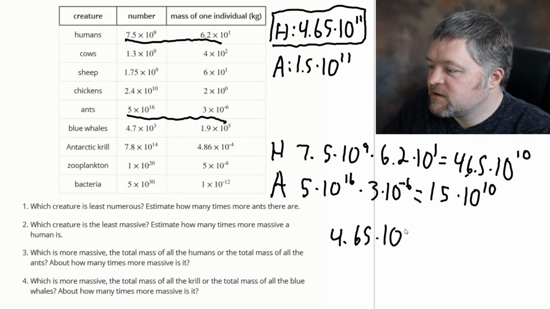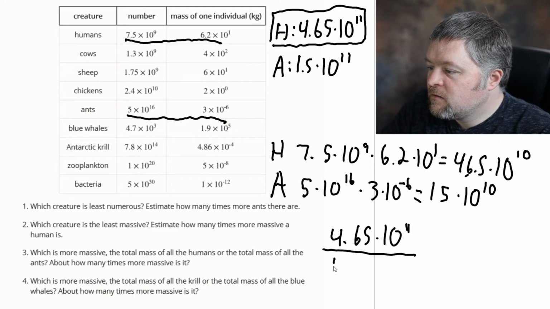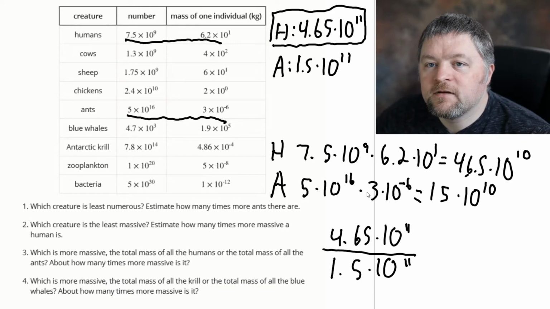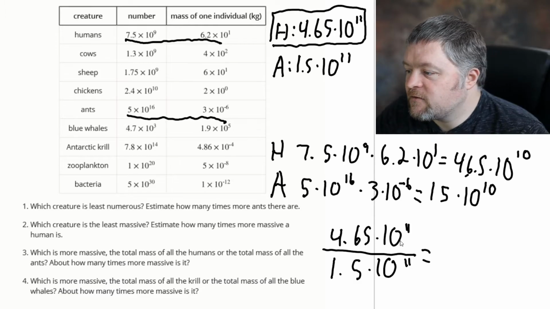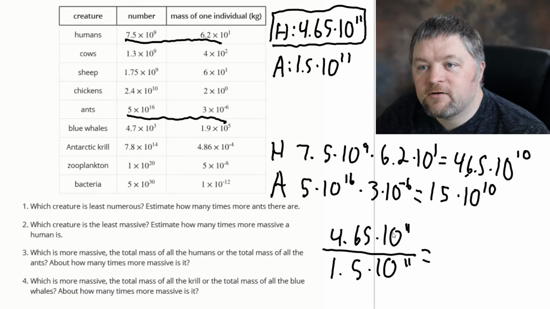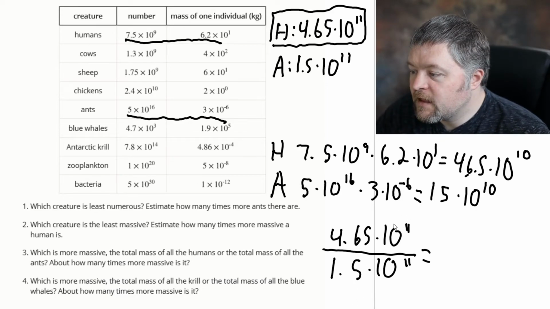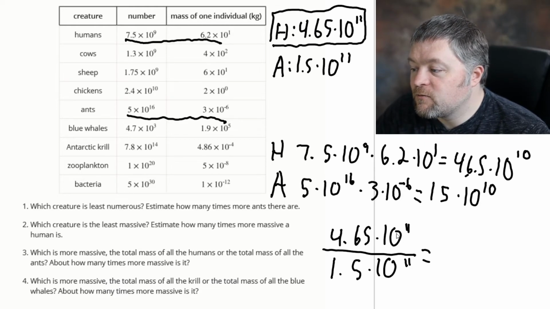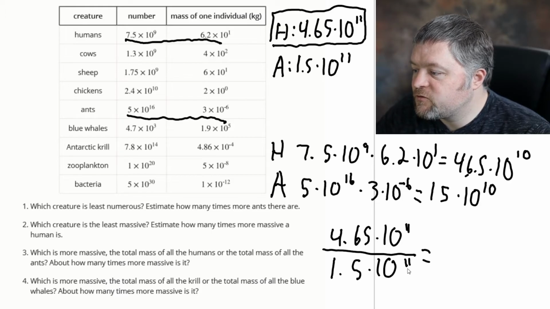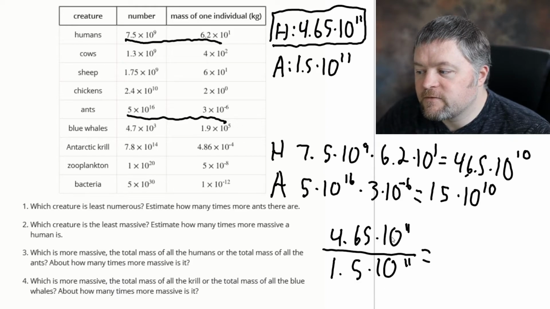4.65 times 10 to the power of 11 divided by 1.5 times 10 to the power of 11. Now, the first thing I notice here is we have something that cancels out. 10 to the power of 11, 10 to the power of 11, they're being divided. Those just cancel out. Anything divided by itself is 1. Or we could think about it when we're dividing like bases, we subtract the exponents. 11 subtract 11 is 0. 10 to the power of 0 is 1.